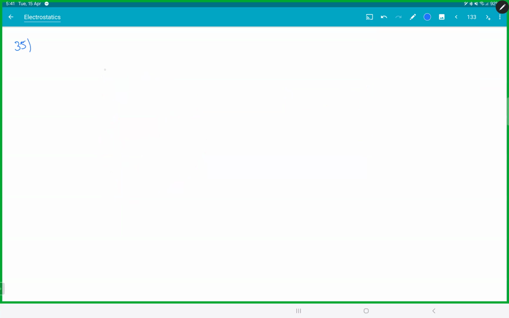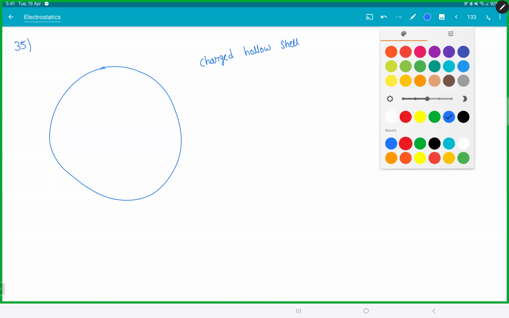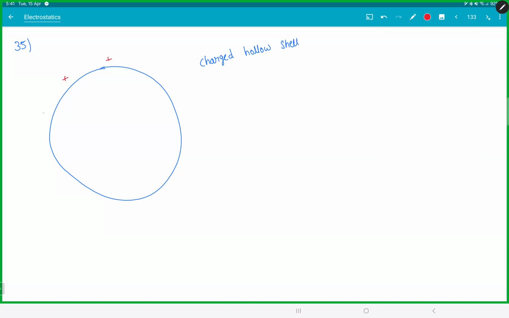Let's say we have a hollow shell. So we have a uniformly charged shell with a charge density sigma.